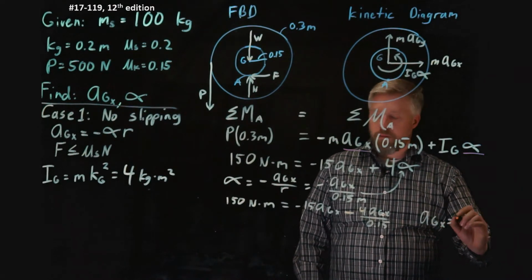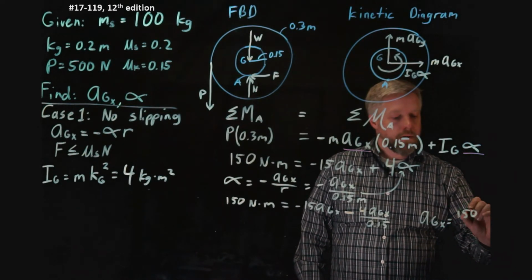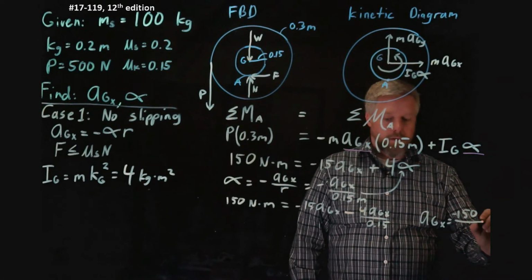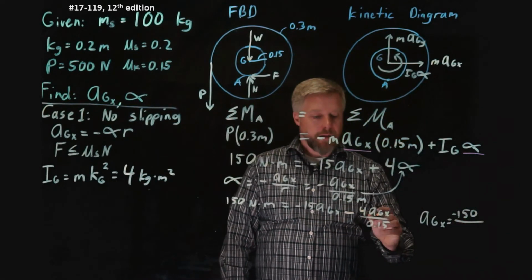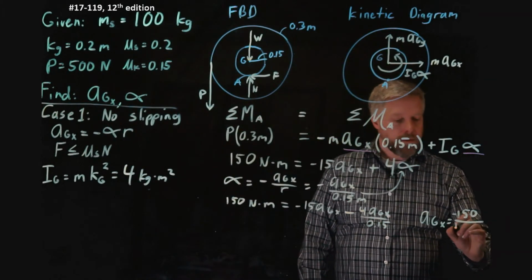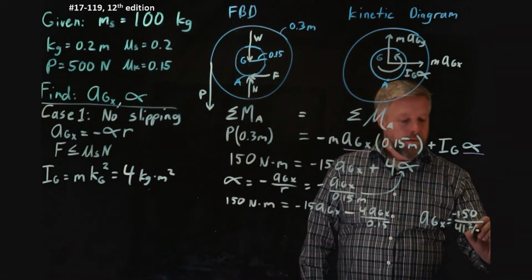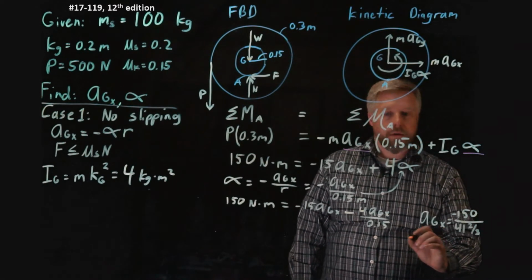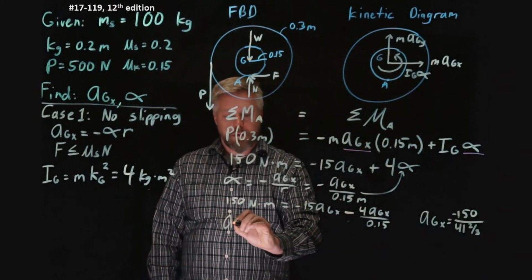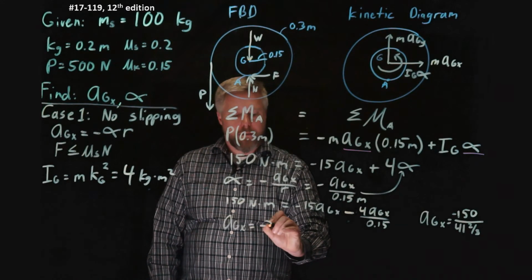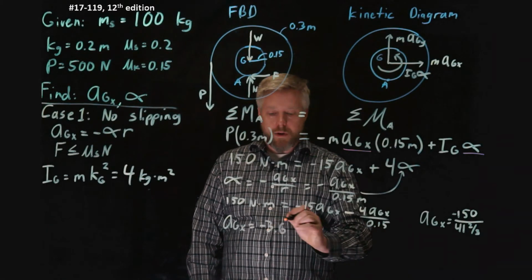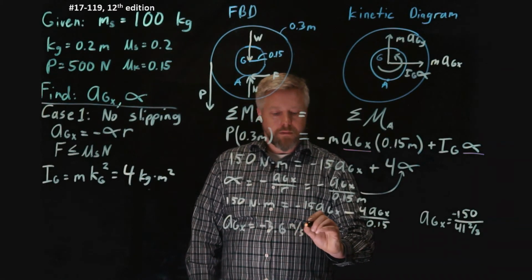We can now solve for AGX. It's equal to negative 150 over these two added together, which ends up being 41 2/3. Okay, that's equal to negative 3.6, and we're in meters per second squared.